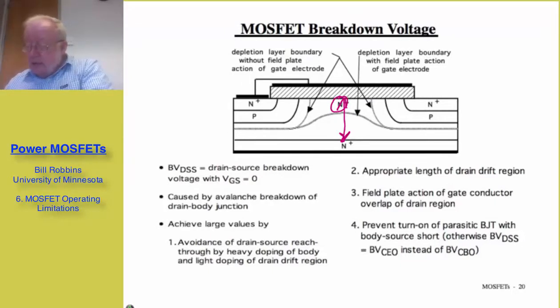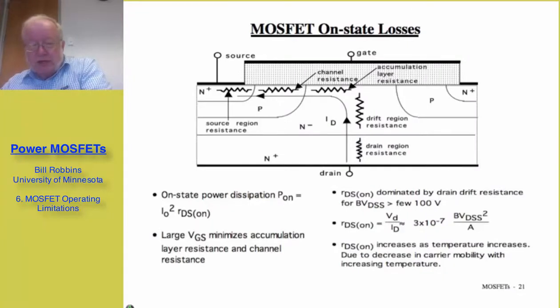The MOSFET on-state losses have several contributions. If we're talking about a low voltage MOSFET, something on the order of 100 volt or at most breakdown voltage, then the contributions to the on-state losses come from all parts of the device.